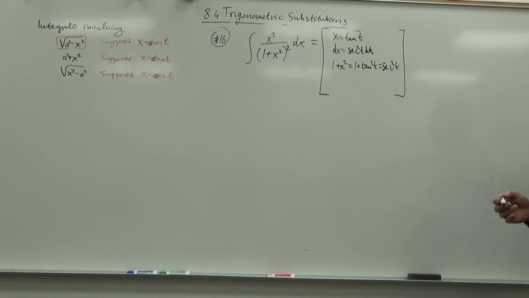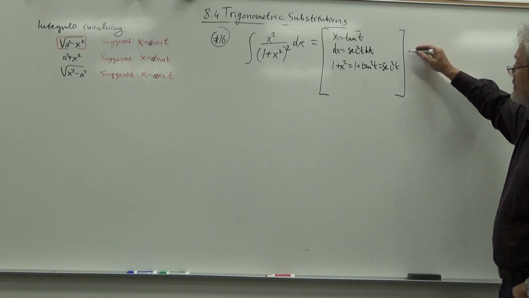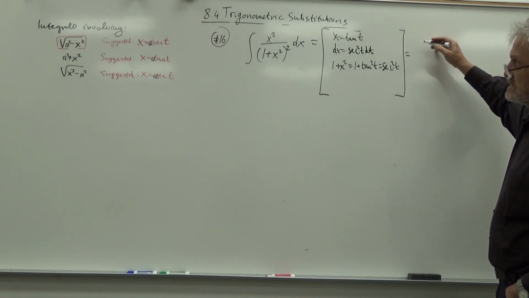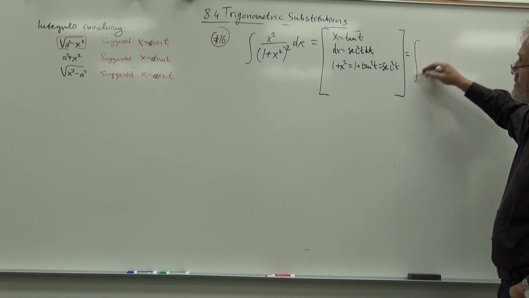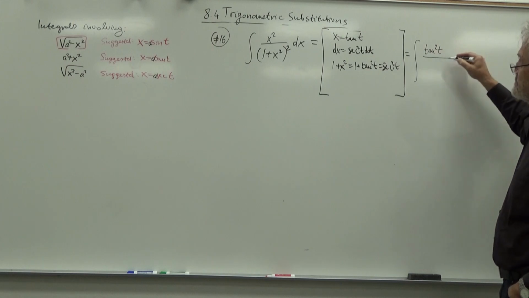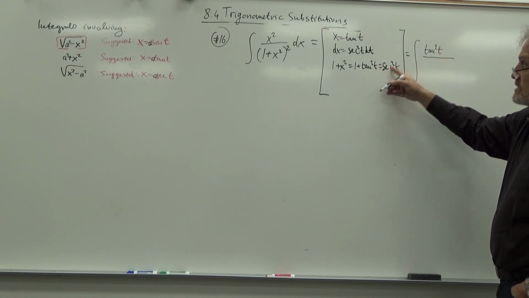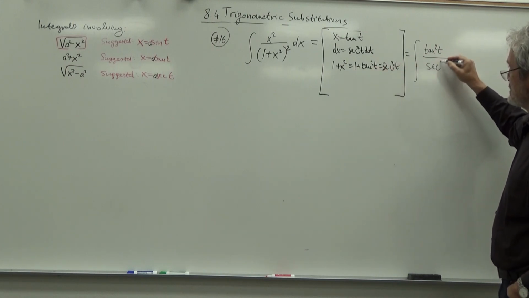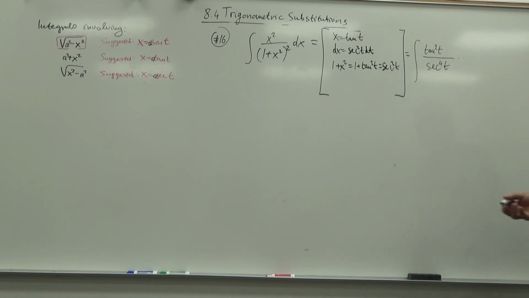We lose binomials and we just look at things that have the form of monomials, which looks much better for algebra. So x squared would be tan squared t. This is secant squared squared, so it's secant to the 4th t. And dx is secant squared t dt.